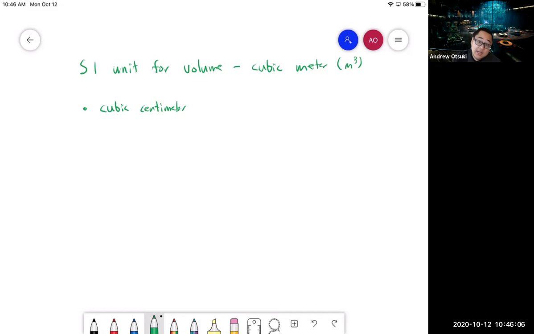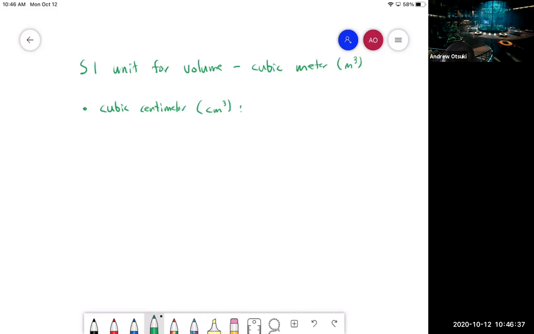You can fill up the box and it'll be a 3D object. That's what volume has to be, because when you have containers, liquids will fill up to the maximum volume the container can hold. So volume is a three-dimensional unit. Cubic centimeter is a common one, centimeters cubed, to depict volume.